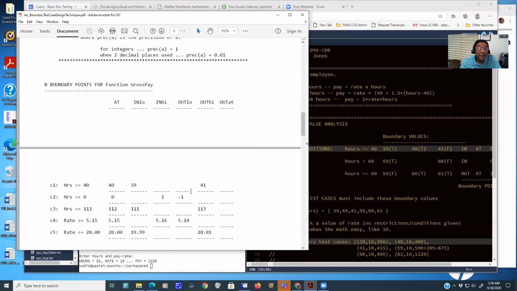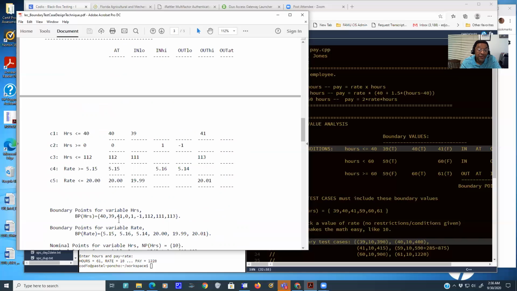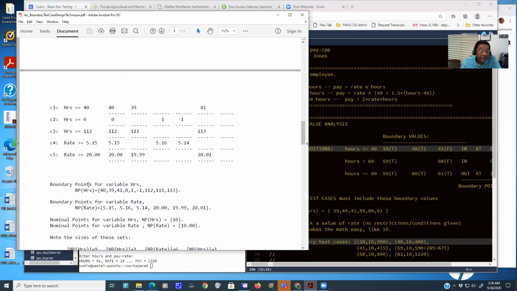And what you see at the bottom of this is you can build a table of all of these ins and ats for all of your conditions. And you can identify the boundary values that you want to use. And you have a set of boundary values for each variable. This word should say value, not points, all right?